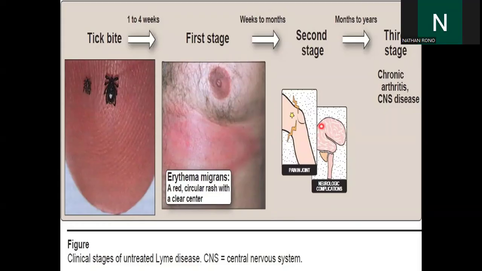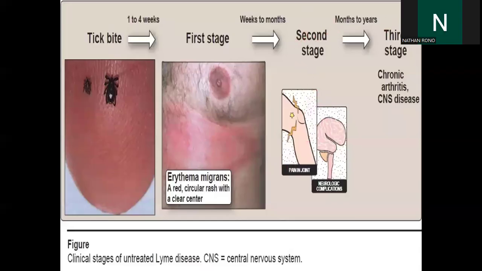Basically, the facial nerve has been affected, so you're going to have a droop. That is the neurologic complication. And then another thing you can have is an AV block. Basically, you're going to have severe manifestations: arrhythmias, difficulty in breathing, awareness of your heartbeat. That is usually in the second stage.